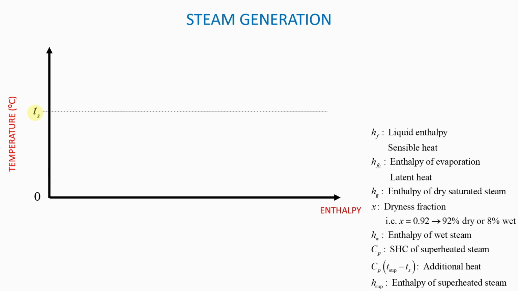If you're dealing with a different ambient pressure, the water is not going to boil at 100 degrees. So we have this zero temperature here, and also we have the boiling temperature there, or the saturation temperature. And I drew a horizontal line to just show you where that temperature is.